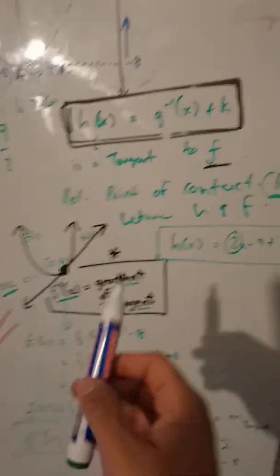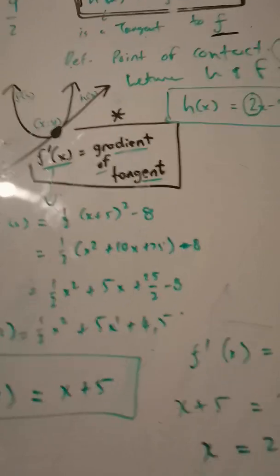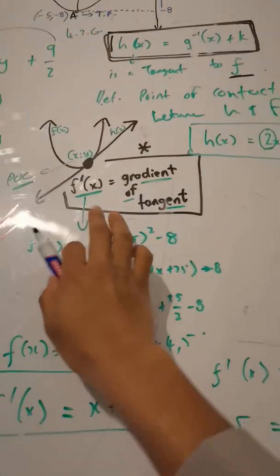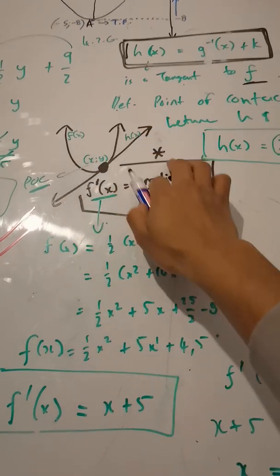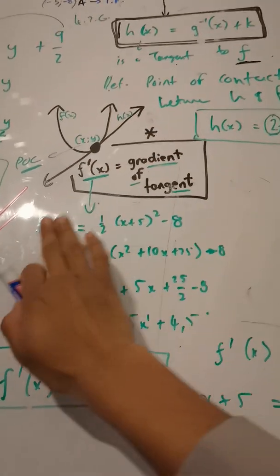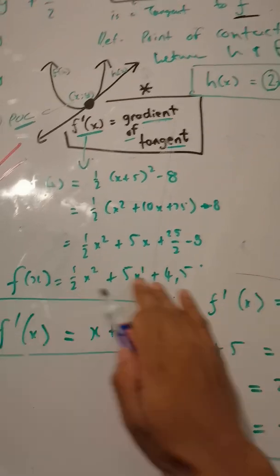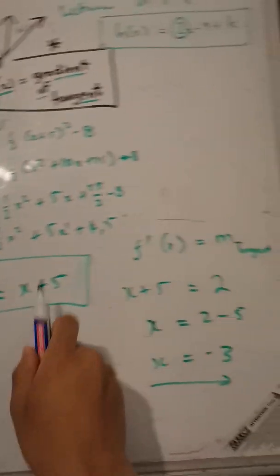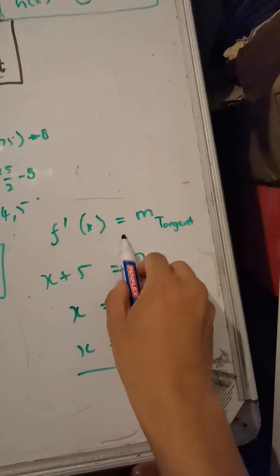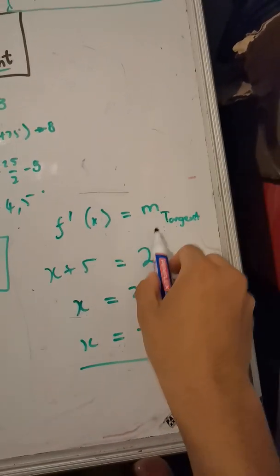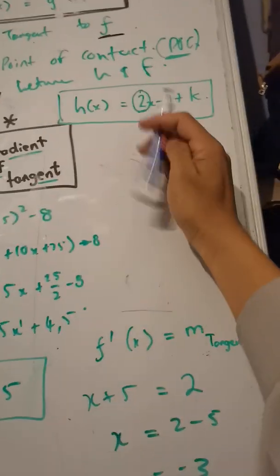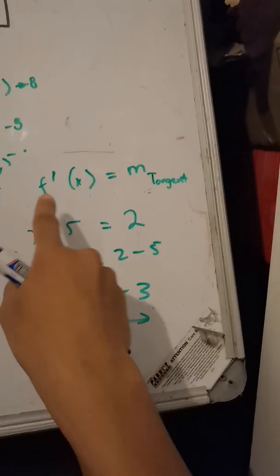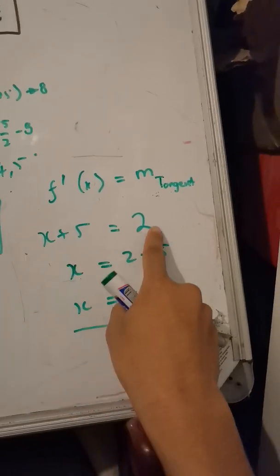So the main thing, whenever you see something like this in the exams, a parabola and a tangent, always remember that the first derivative of my parabola is the gradient of the tangent. So we look at the parabola, we got the standard formula of the parabola, then we got the first derivative to be x plus 5. Now the first derivative is equal to the gradient of my tangent. What is the gradient of my tangent? The gradient is the coefficient of x, which is 2. So therefore, x plus 5 is equal to 2.